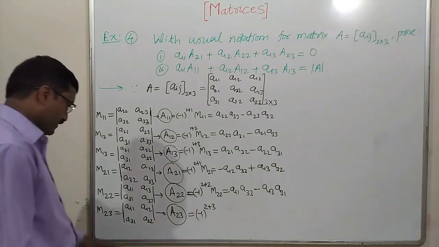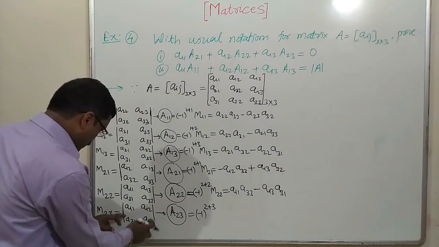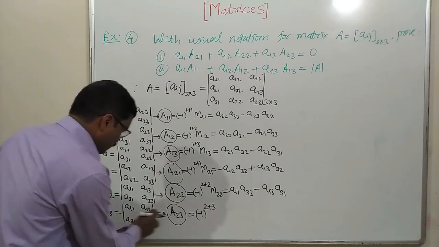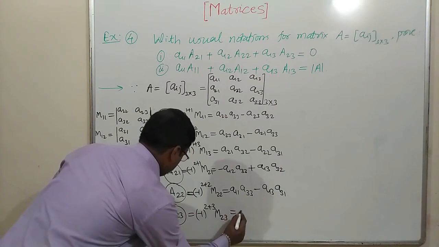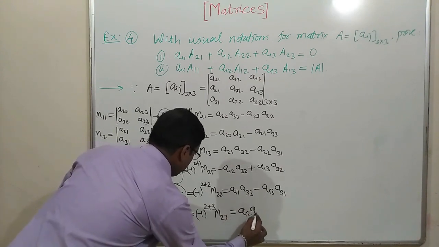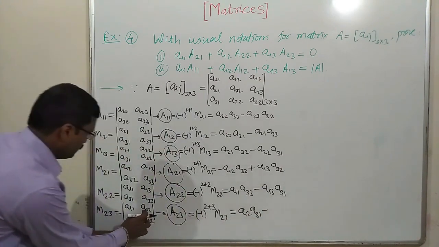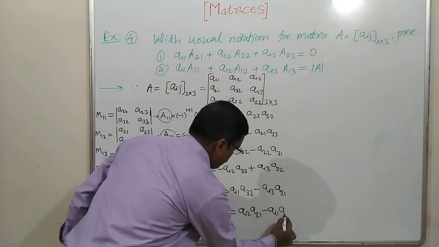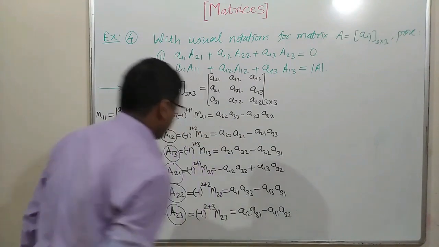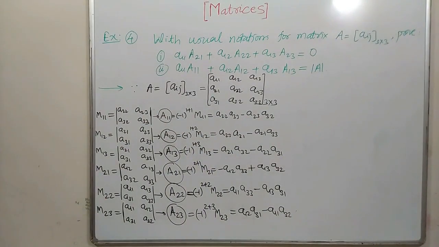Now in this case change the signs. So take the multiplication of first these two, a12 a31, product of these two, minus a11 a32. So these are minus and cofactors of corresponding elements.